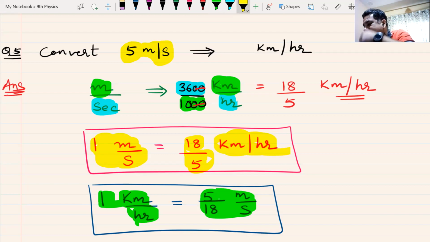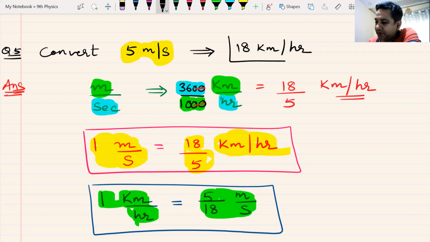Kaushiki, what is your answer? So 18. No answer? So, Ayush? Vedansh? Yes, said Kaushik. 18. Answer 18 is kilometers per hour. 18 kilometer per hour. That is correct.